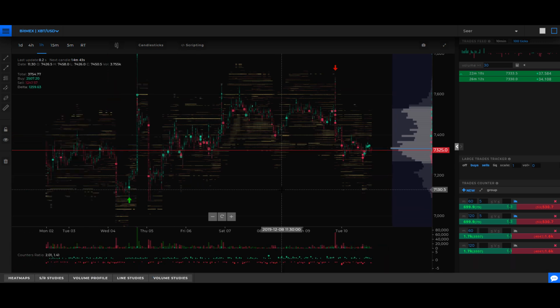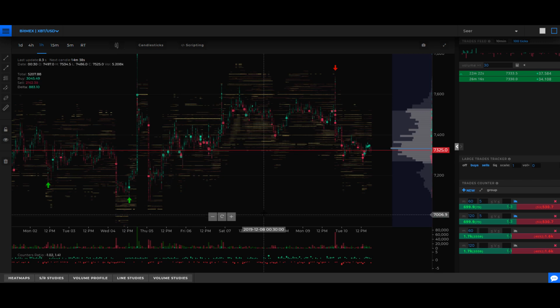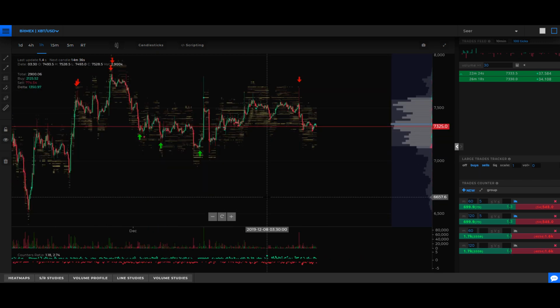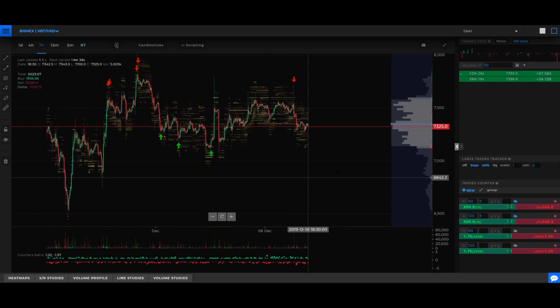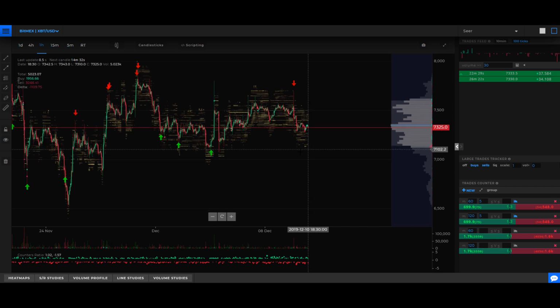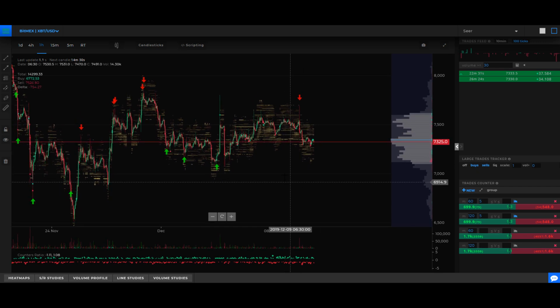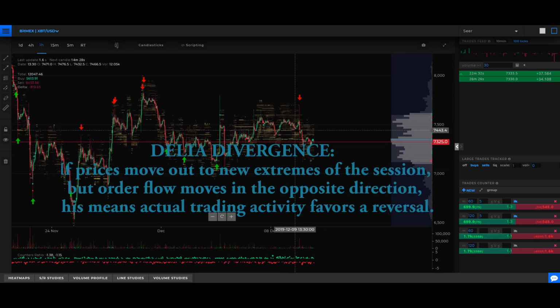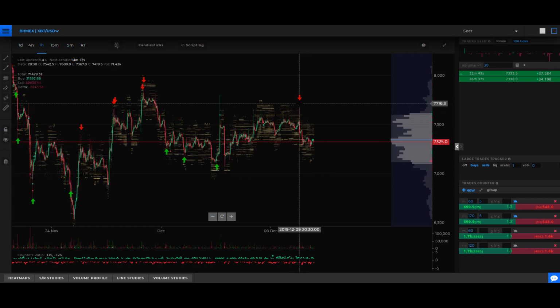Here you can see these arrows signify a delta divergence. Like I said before, a delta divergence is when price is moving to new highs in a session or in a day, and in the order flow, something is opposing this movement in price, so it creates a divergence.